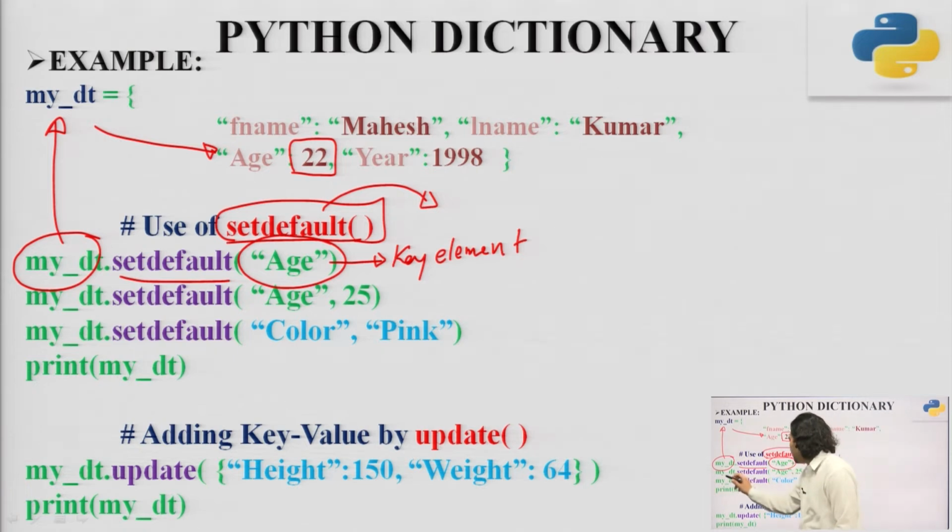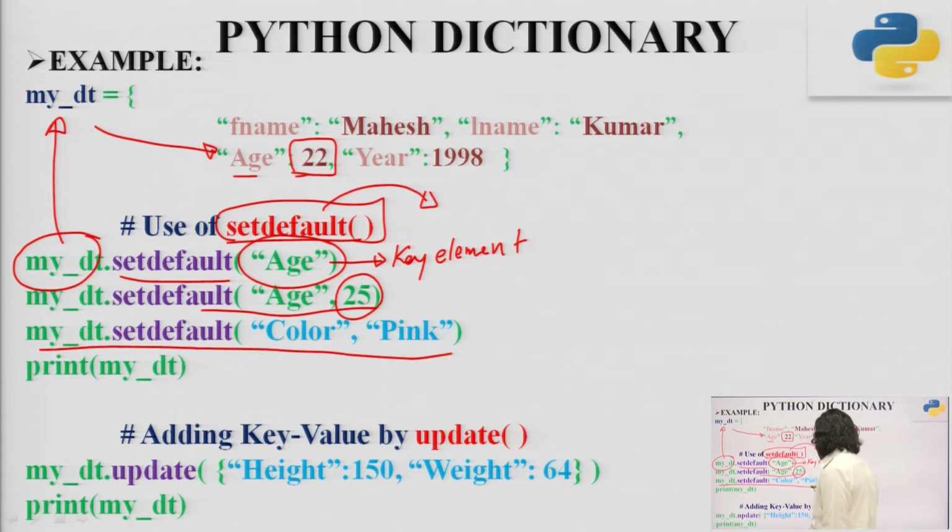Look at the next one. Again we are set defaulting the age key element as 25, but it is already set as 22 by the user. That means, on a priority basis, this age as 22 cannot be replaced. Similarly, in the third one you can see that the color key element is not present in these 4. That means the 5th element is going to be added to my dt with the default value as pink.